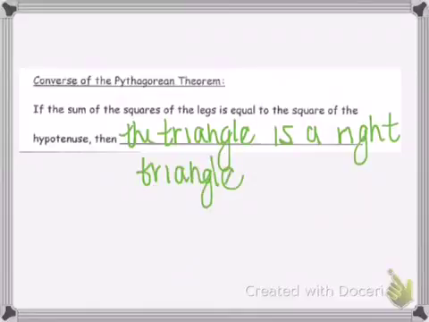So basically, if we plug it into the Pythagorean theorem, a squared plus b squared equals c squared, and everything checks out, and we get something true, like 10 equals 10, then we know that the triangle we're examining is actually a right triangle.